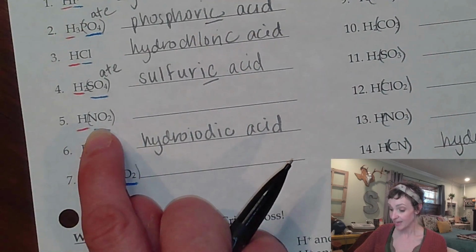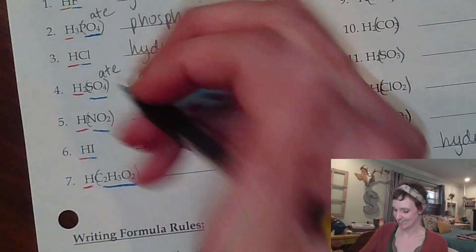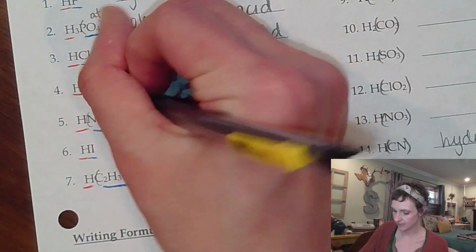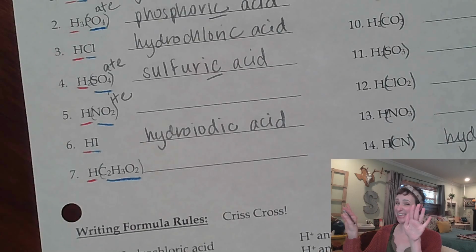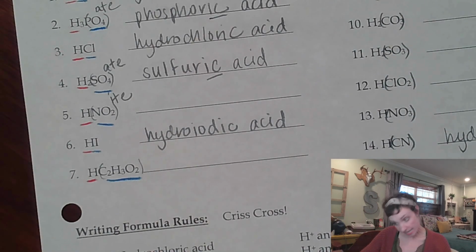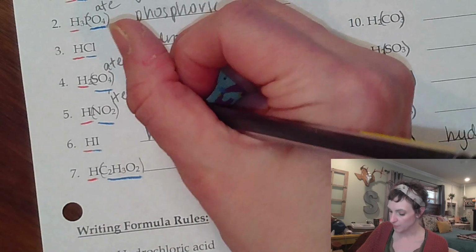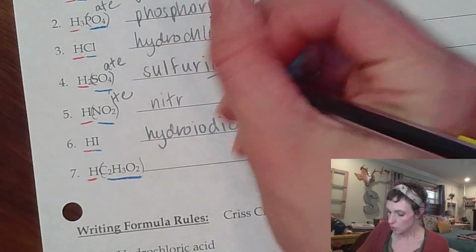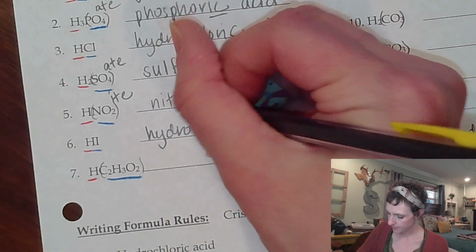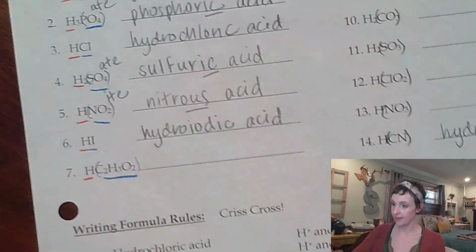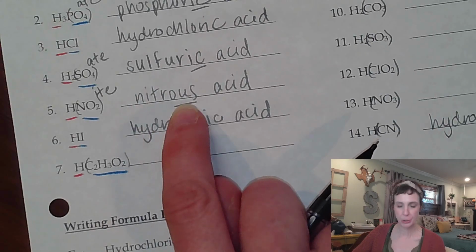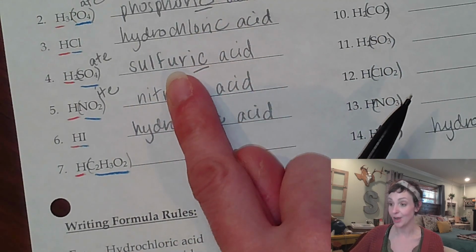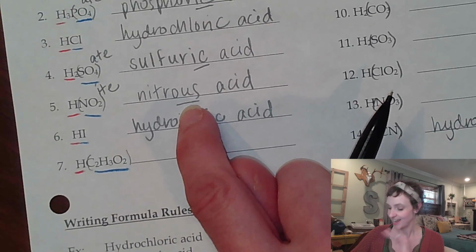All right, next one. Ooh, that's an ite ending. This is nitrite. So if I ate something, it's icky. That means ite is us. No hydro. It would be nitrous acid. Okay. And this one is a true making sense of me taking off an ite and just plastering in an us.